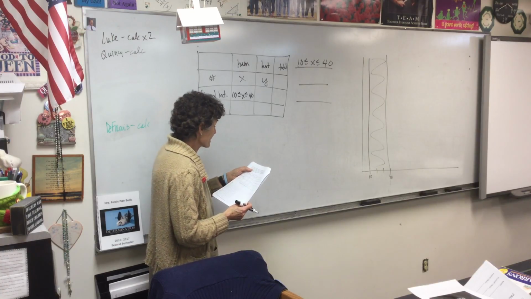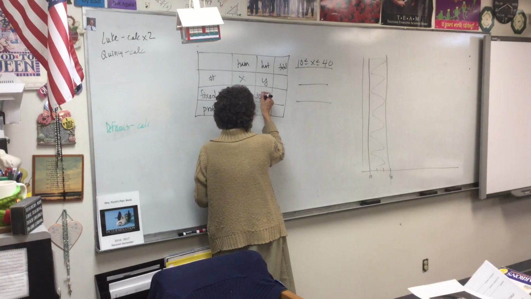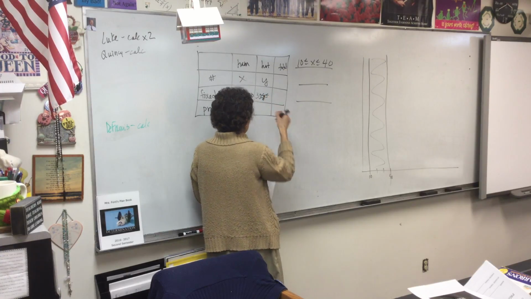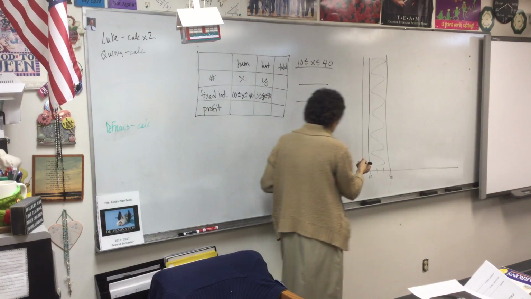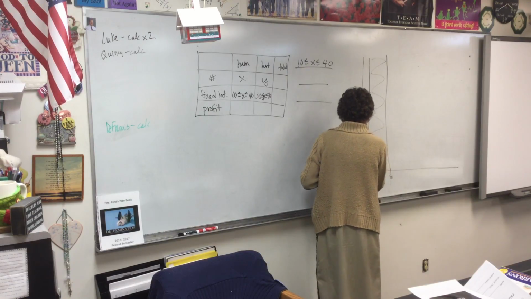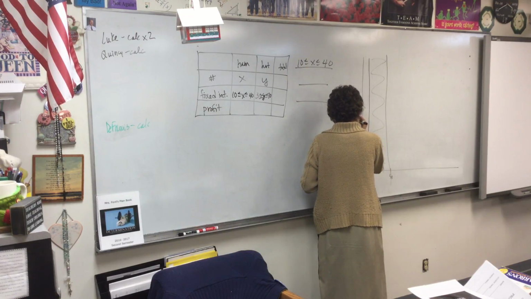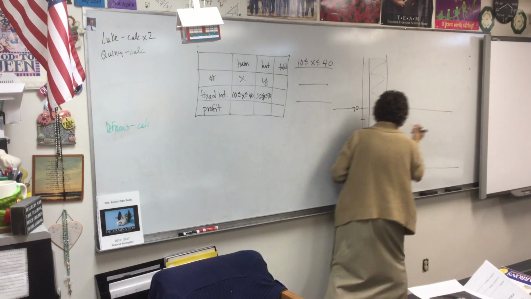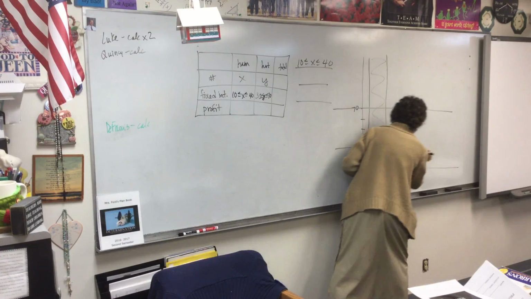Now, we have to sell at least 30 hot dogs, but not more than 70. So my hot dogs are between 30 and 70. So my hot dogs are here.